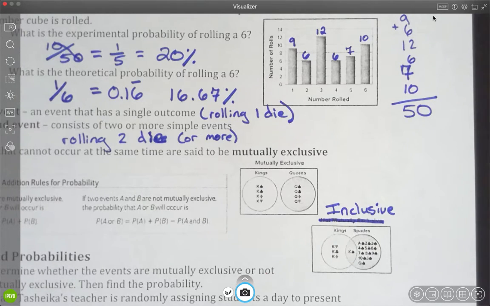So, exclusive versus inclusive. Okay, so now, girls and basketball players. Inclusive or exclusive? Inclusive. Can you have a person be a girl and a basketball player at the same time? Okay, so let's do this. Raise your hand if you're a girl. Okay, now raise your hand if you're a basketball player.